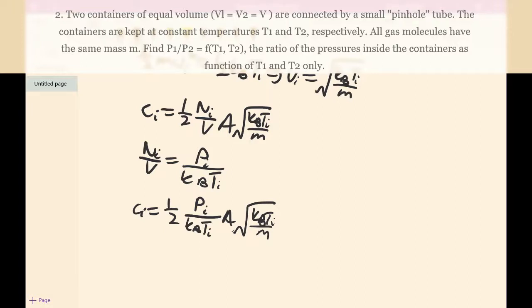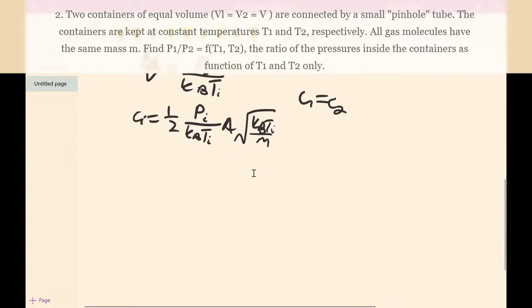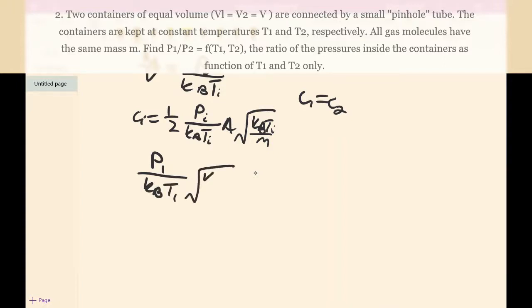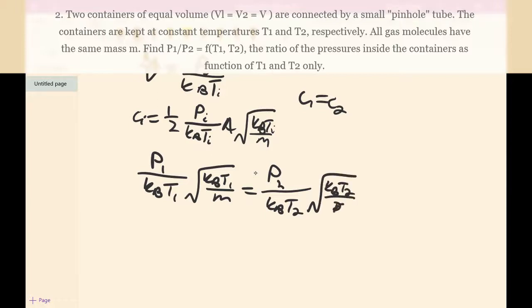And at equilibrium, which is the state we're trying to find P1 over P2 for, C1 would be equal to C2. There's no more movement between the two containers. So this just means that P1 over kB T1 times the square root of kB T1 over m is equal to P2 over kB T2 times the square root of kB T2 over m.